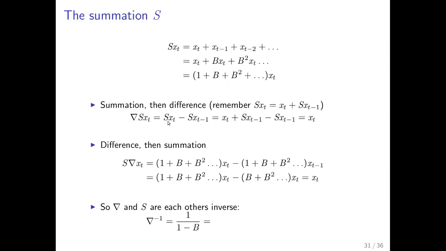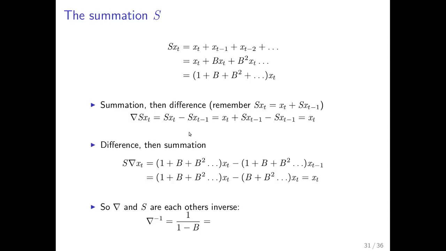Well, that's the summation of xt minus the summation of xt minus 1. That's what comes out of the difference operator. But now, as we just wrote up here, sxt is xt plus sxt minus 1, which is also what we have to subtract. So we're left with xt. So they are each other's inverse.